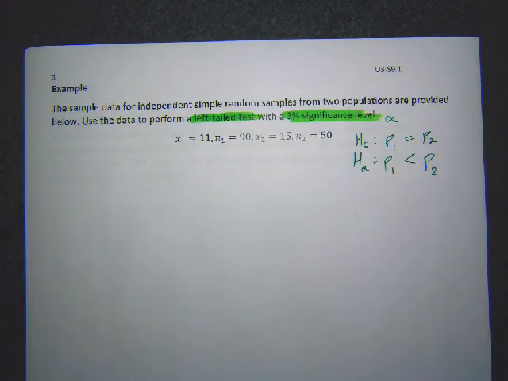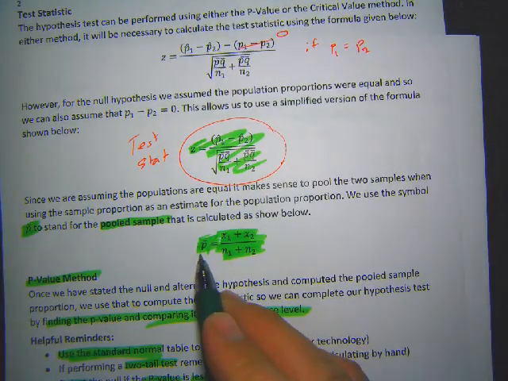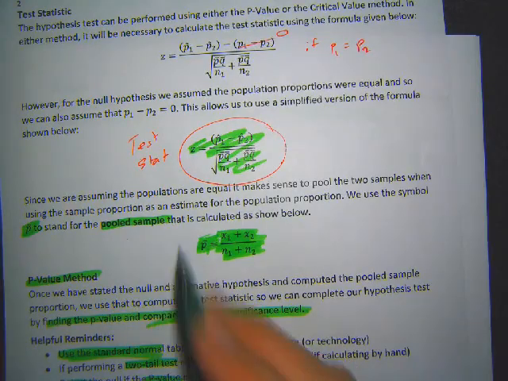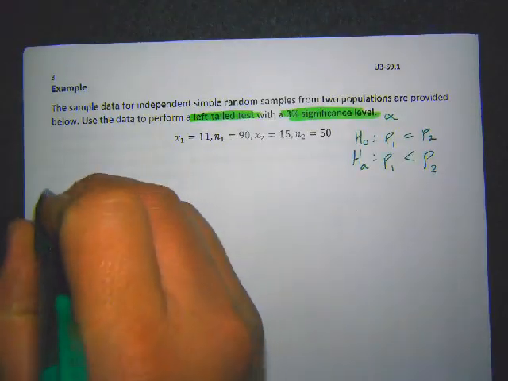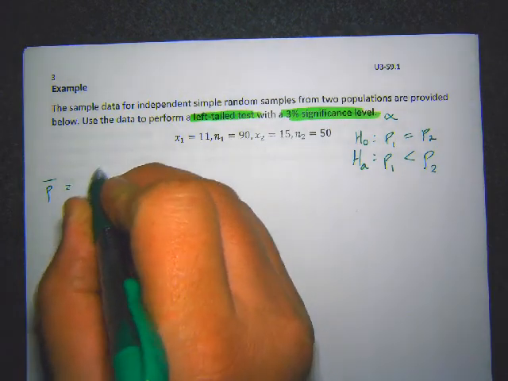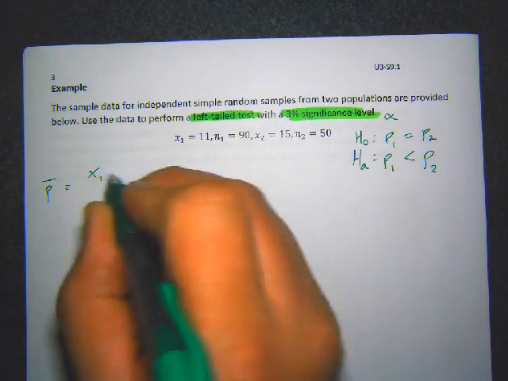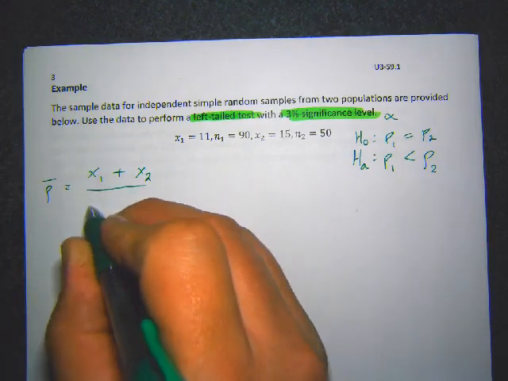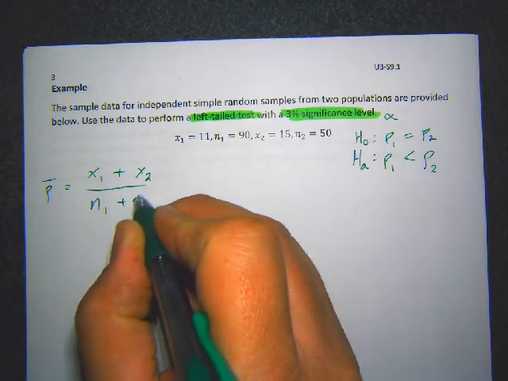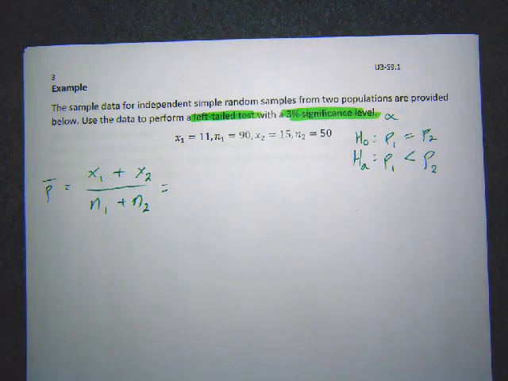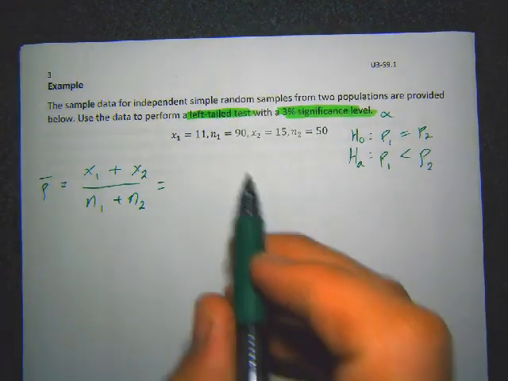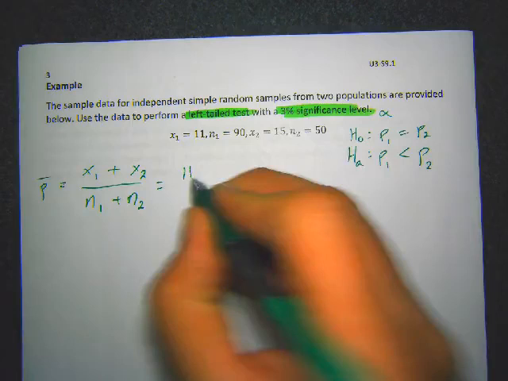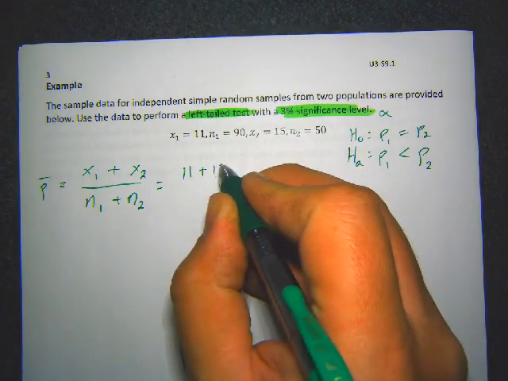Okay, so first off, to do this, we are going to need to find p-bar, which is the pooled sample proportion. We find that by taking the two sample numbers of successes, x1 and x2, adding those up and dividing by the sample sizes, n1 plus n2. So x1 is 11, x2 is 15, so we add those on top.